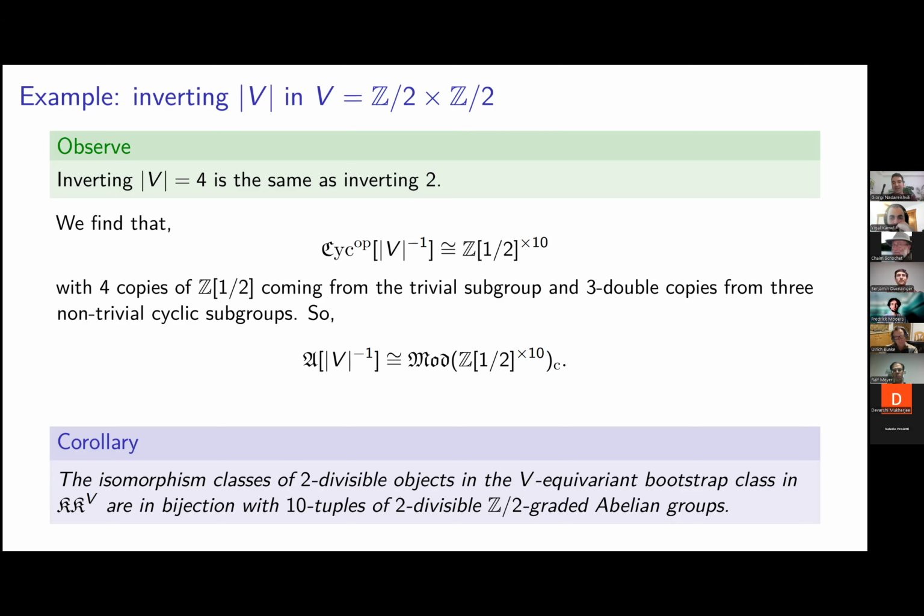And here it is actually written out: the isomorphism classes of 2-divisible objects in the V-equivariant bootstrap class in KK^V are in bijection with 10-tuples of 2-divisible Z mod 2 graded abelian groups.